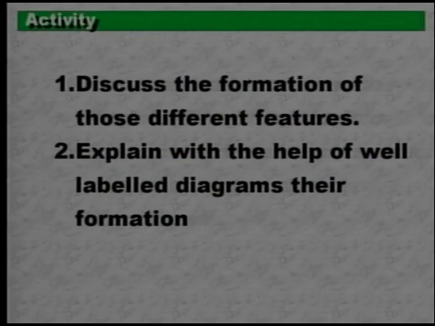How are they formed? After your discussion, I would like you to, into your exercise book, explain with the help of well-labeled diagrams how each of those features are formed. Do your discussions first, and then after your discussions, you can go ahead with individual work in your exercise book. I'll give you 5 minutes for your discussion, and then after the 5 minutes, we'll get you to construct your diagrams.